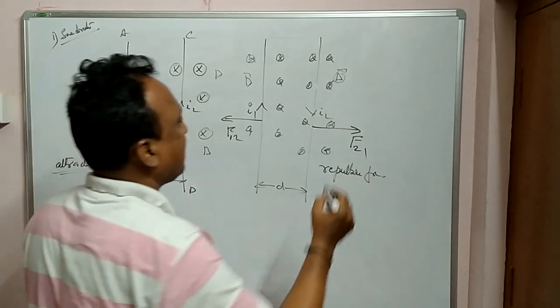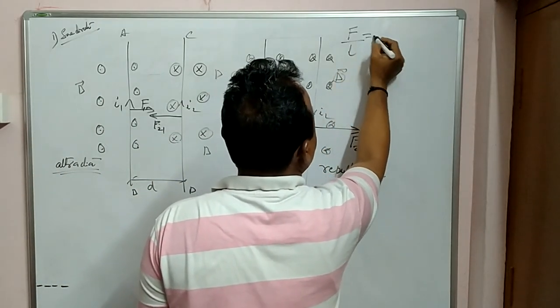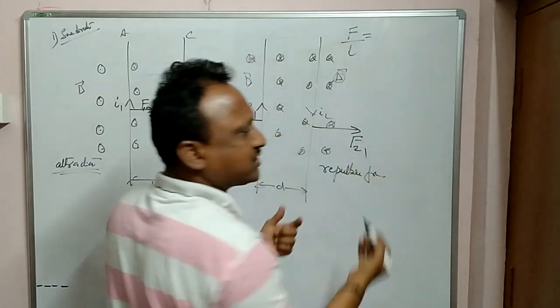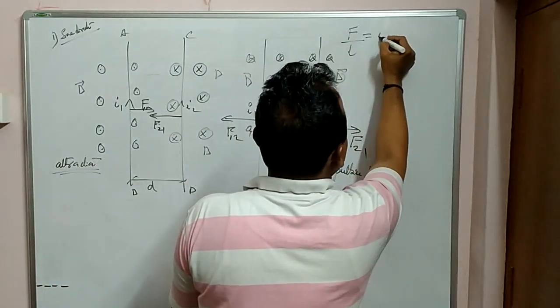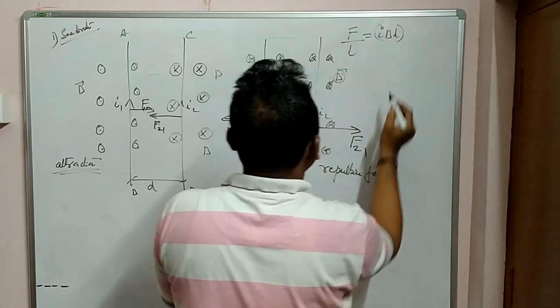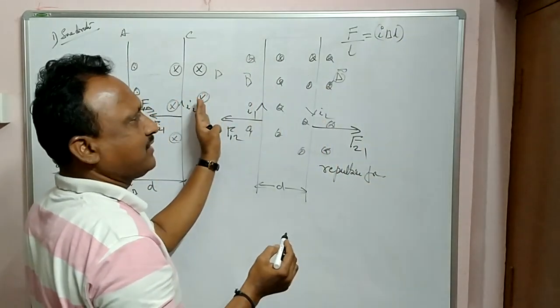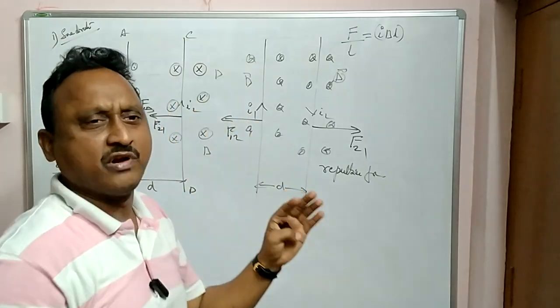And you have an expression also, the force acting per unit length is given by... You can use the formula either IBL or the general formula. Using IBL, the force on 2 due to 1: F is equal to BIL sin theta.